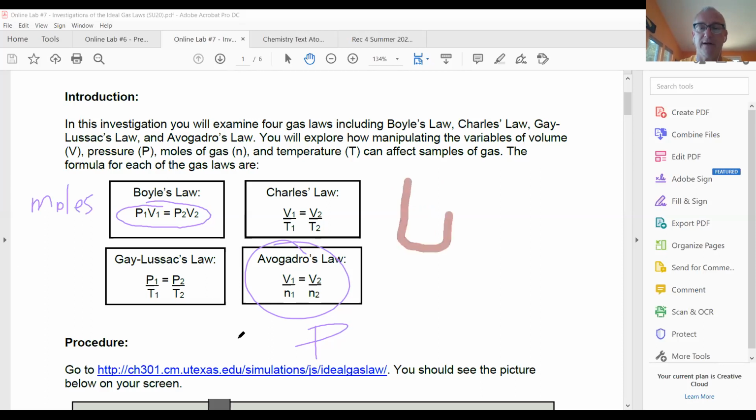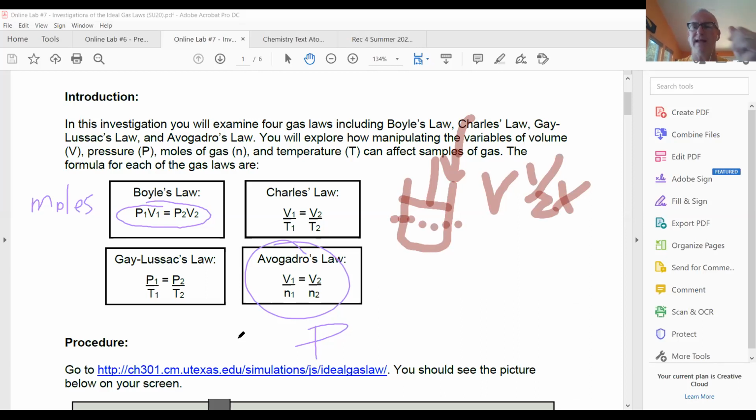So I've got a piston here, and I'm pushing it down. Let's say I push it down so that the volume is now half of what it was. So I push it down and now the piston is here. What do you think happens to the pressure now that I've squeezed that gas into half the volume?